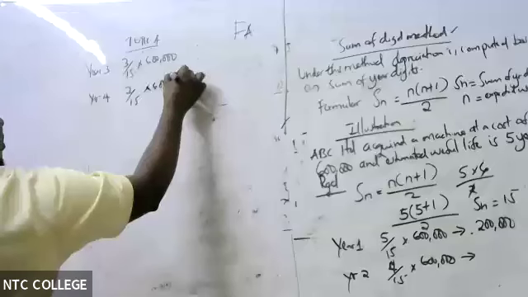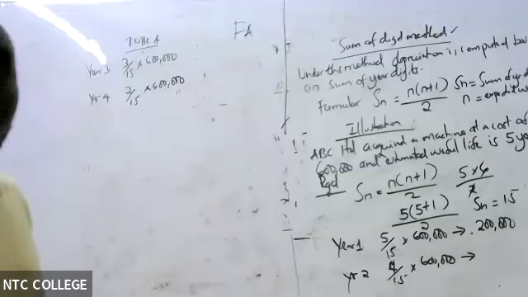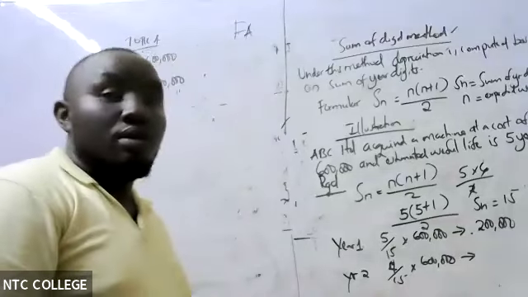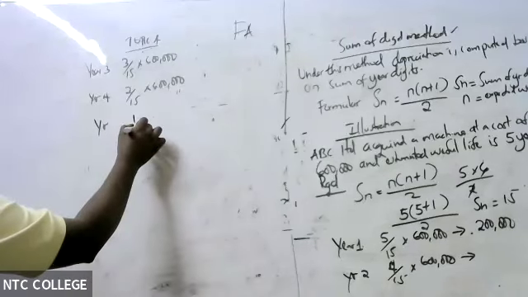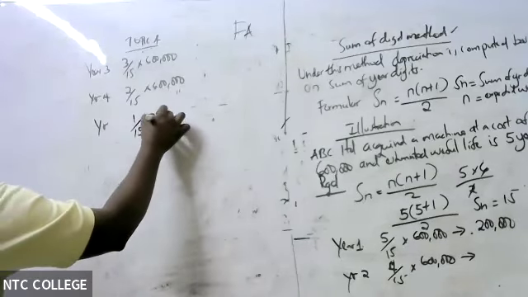Year four should be 2/15. Then finally year five, the last year, is 1/15 times 600,000.